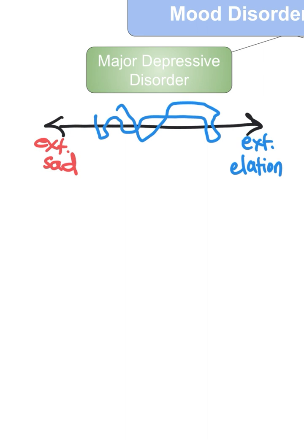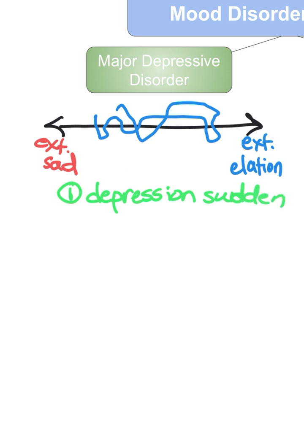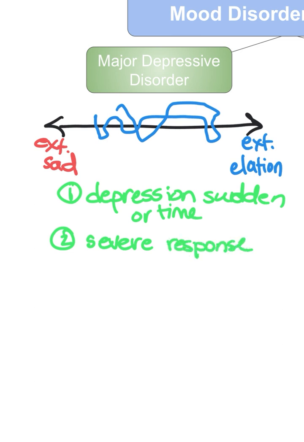Let's start with a few of the symptoms. First of all, the depression can come on suddenly, or it can take time. There's not a specific etiology of how depression happens. It's often a sudden depression that just hits. And when that happens, you could also have a really severe response that is outside of what you would expect for the circumstances.